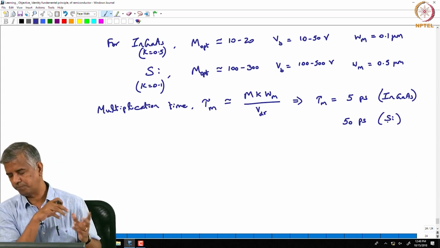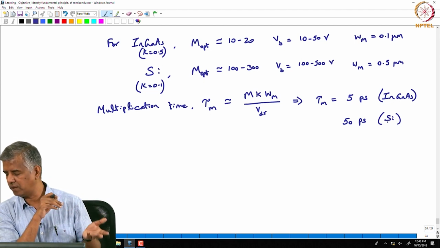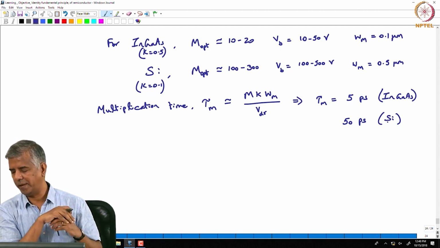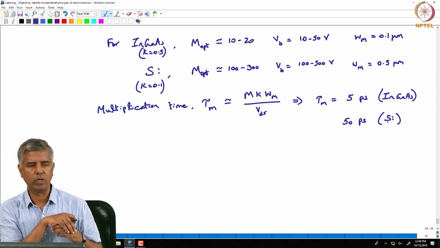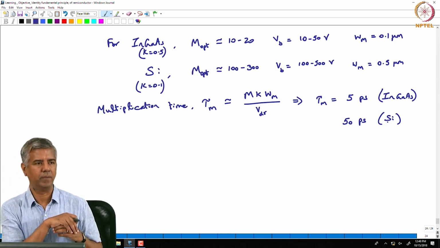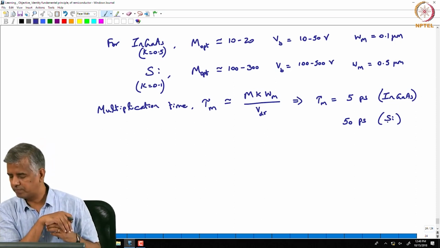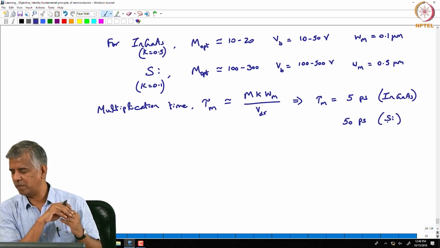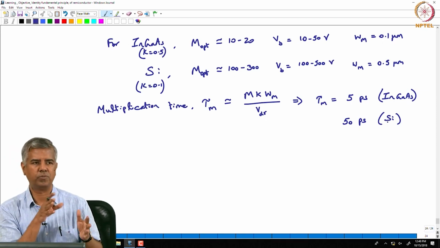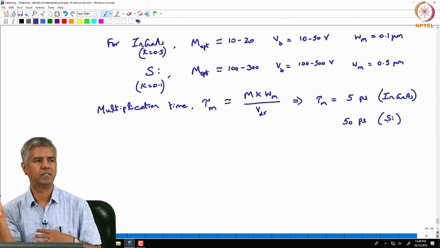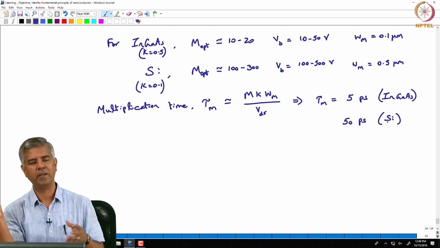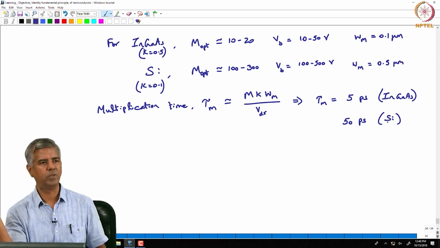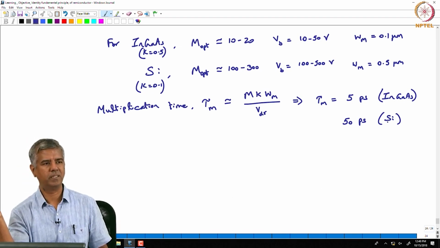Okay. So, it is essentially saying that your silicon APDs are going to have lower bandwidth compared to indium gallium arsenide APDs, which is good to know, but it really does not matter because silicon is going to be used for very different applications than indium gallium arsenide. Where would you want to use indium gallium arsenide photodiodes?